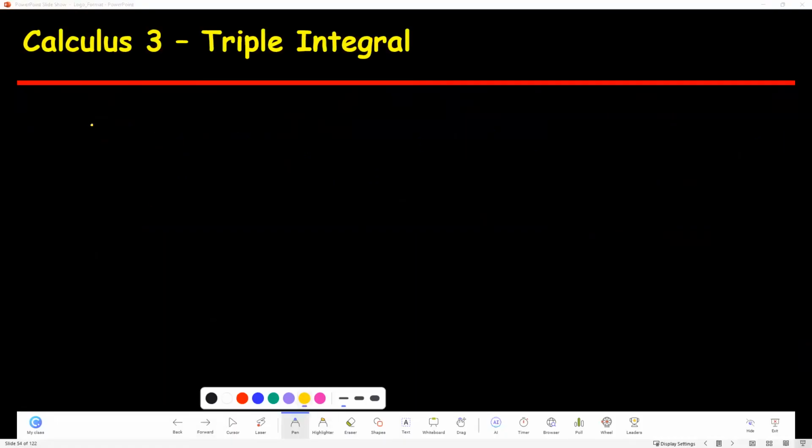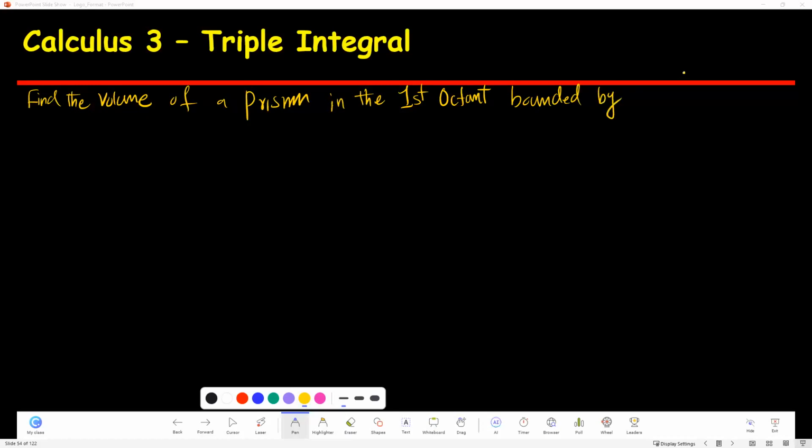Let's take a look at another problem. Let's look into another example. Find the volume of a prism in the first octant bounded by the planes.